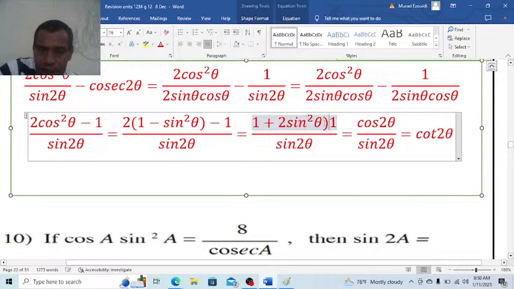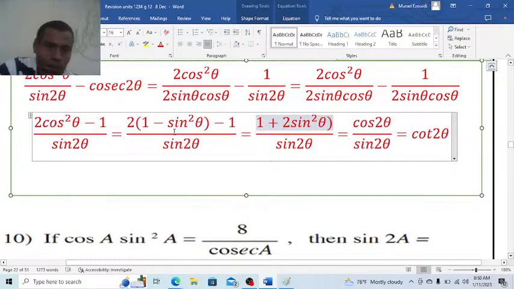Let me check again: 1 minus 2 sine square of theta, in fact, is equal to 2 cosine square minus 1, and it is also equal to cosine 2 theta.